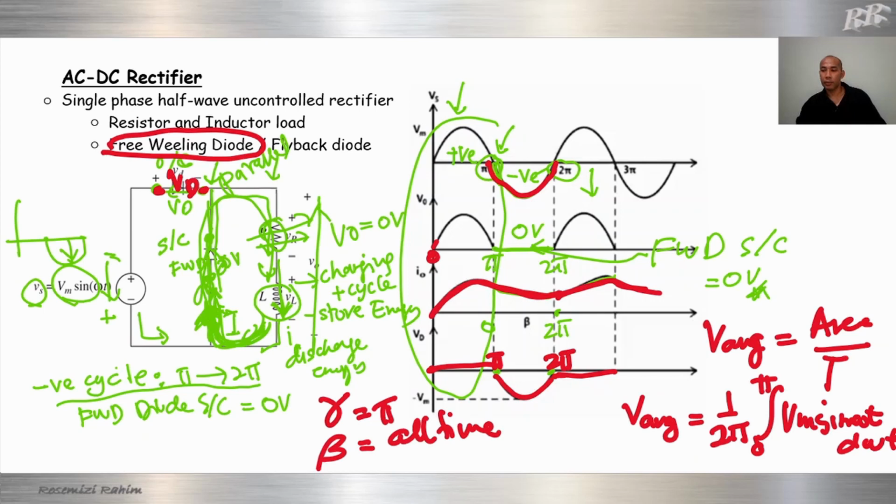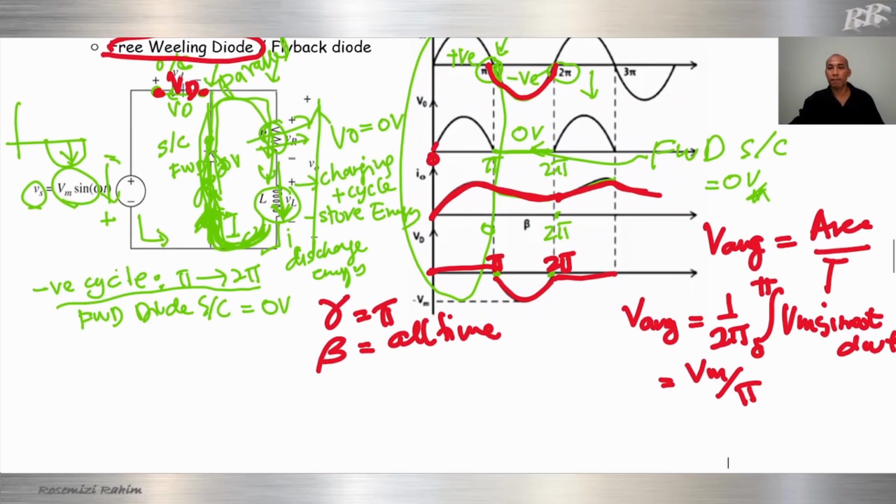We get Vm over pi. This is our V average. I think that's all.